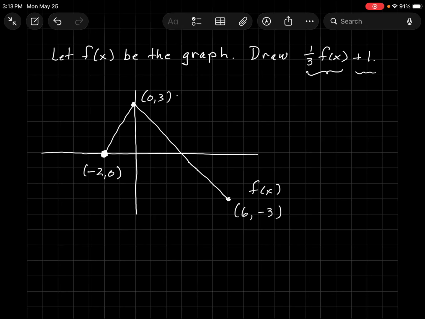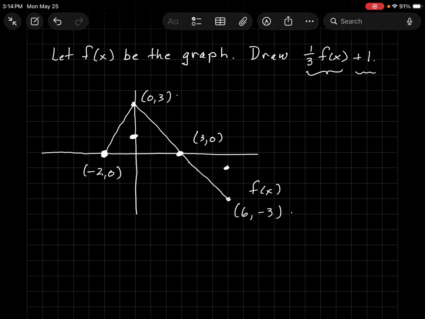The x doesn't change, it's still going to be 0, but the y value gets multiplied by 1/3. So it would become, instead of 0, 3, it would be 0, 1. This point right here, which is the point 3, 0, the y value doesn't change because 1/3 of 0 is 0. And then our last point, the y value would become -1.